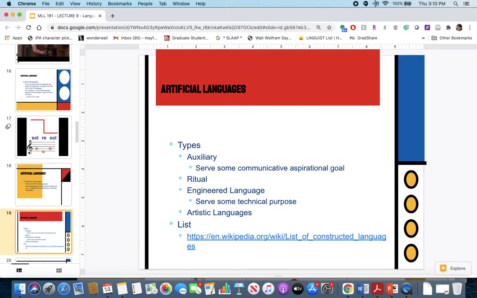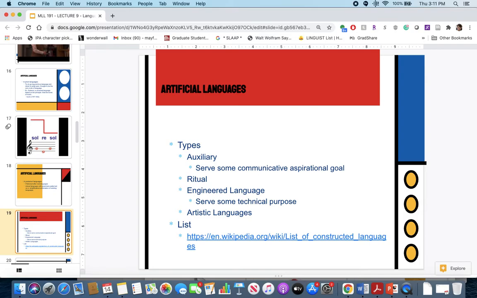So these types of artificial languages serve some sort of communicative aspirational goal. That means that if you don't want English to get rid of all these heritage languages, or if you want to preserve some languages, there's a different power dynamic to asking somebody to speak in one's language.